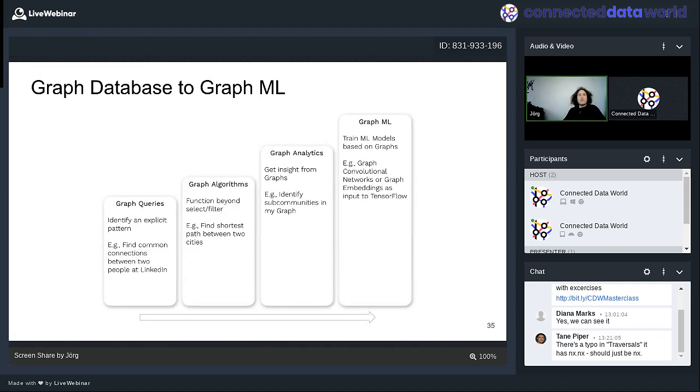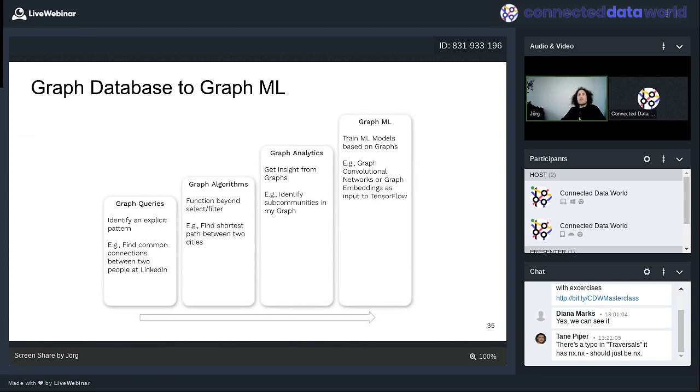Next, there's graph algorithms and graph analytics. This is when we look at certain additional properties, for example, shortest paths between two nodes. Here, we cannot just look at the connections, but we have to look through all different connections in the graph between two nodes, and then keep in mind and filter out which is the shortest one.